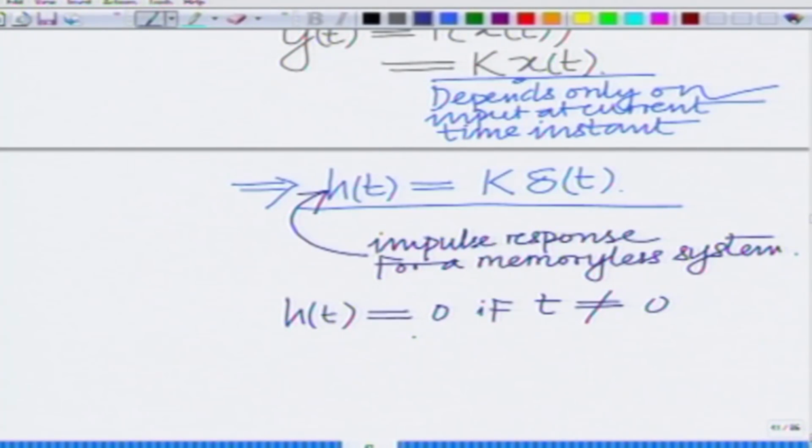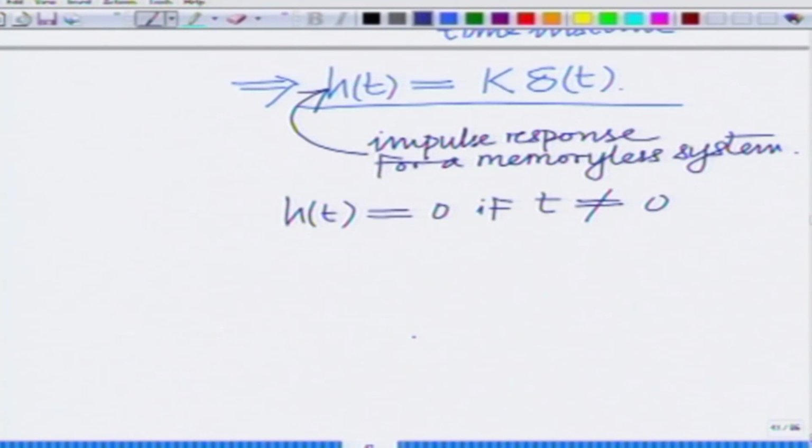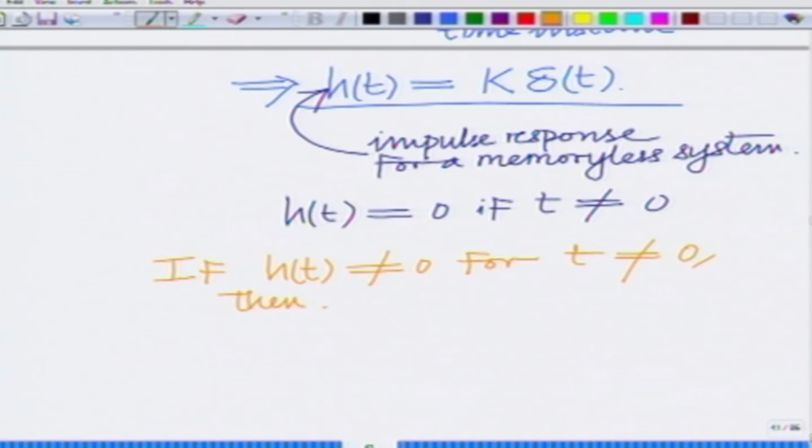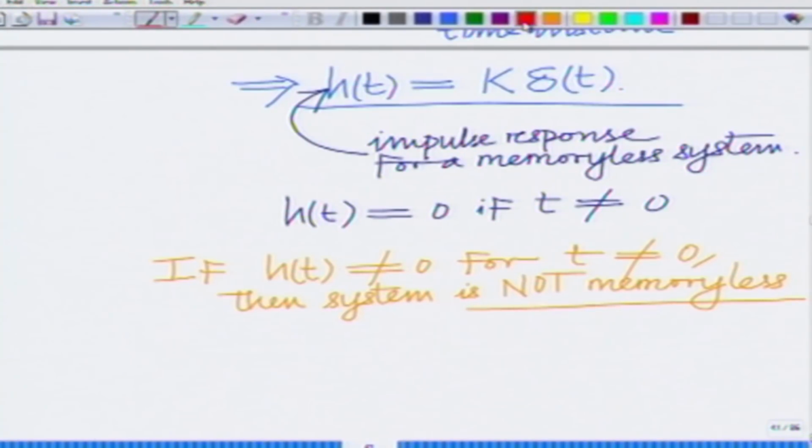Another way of saying this is, if h of t is non-zero for t not equal to 0, then the system is not a memoryless system.